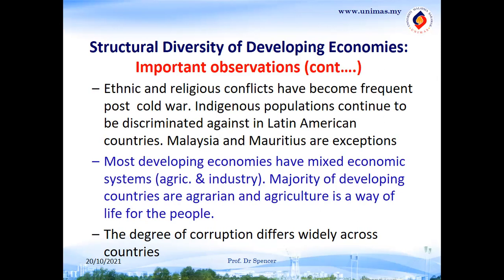Some countries are more advanced in industry and less on agriculture. But what is important is that they still maintain the mixed economy in some of these countries. The majority of the developing countries are agrarian, and agriculture is a way of life for the people. And the degree of corruption, just mentioned just now, differs widely across the countries. Some countries have a high rate of corruption, some countries have less.